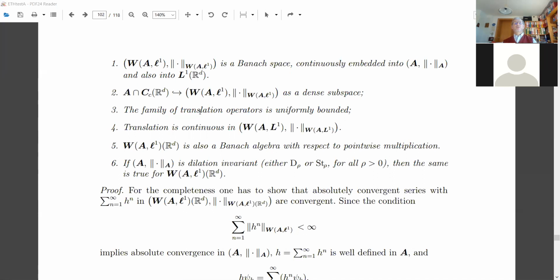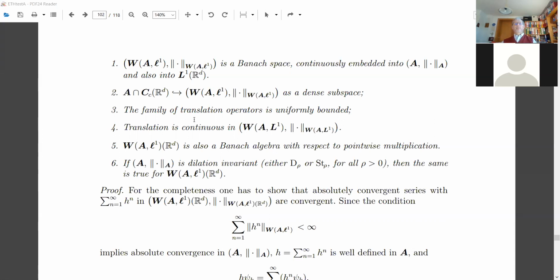Translation is continuous in the space. It's also possible to have a Banach algebra structure with respect to pointwise multiplication, or you can take an algebra which is dilation invariant. Again, C0 is fine, the Fourier algebra is fine. And you can take actually both dilation operators, the D-rho or the S0 operator, and then the same is true for the new space.